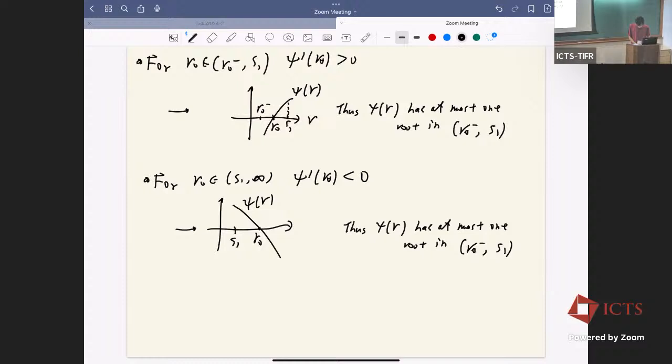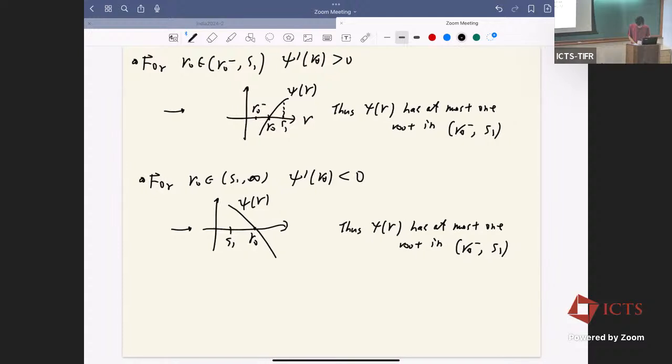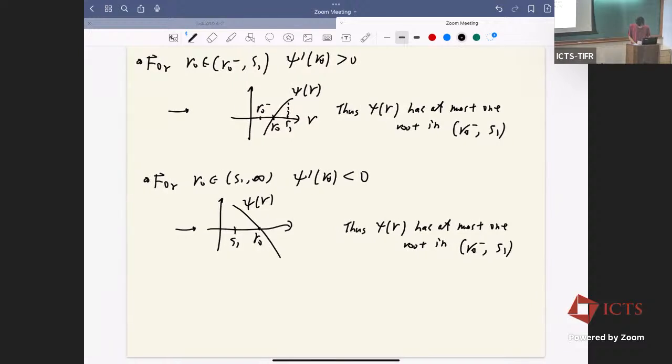So thus psi of R has at most one root in S1 to infinity. Okay.